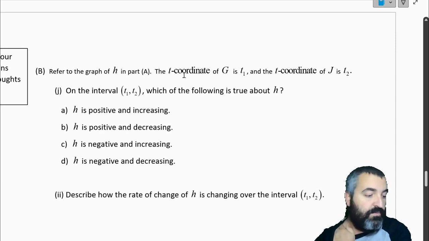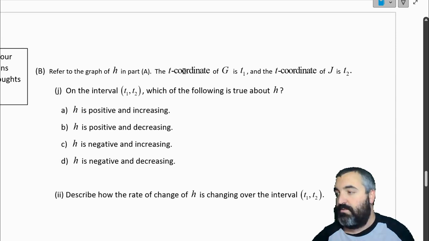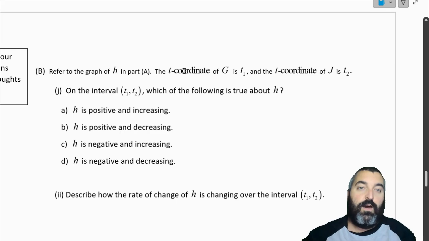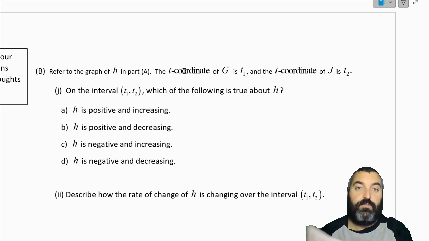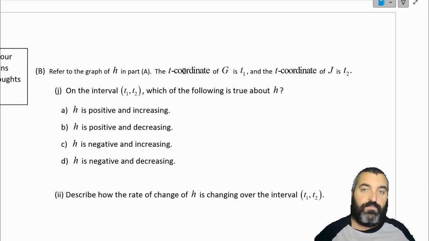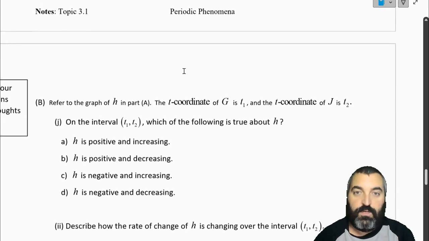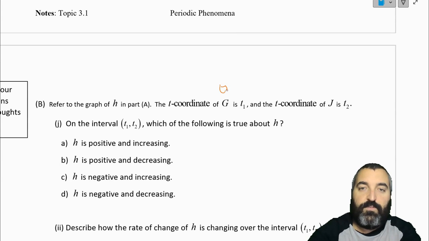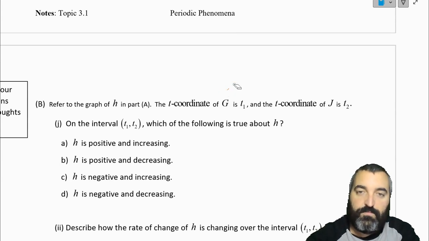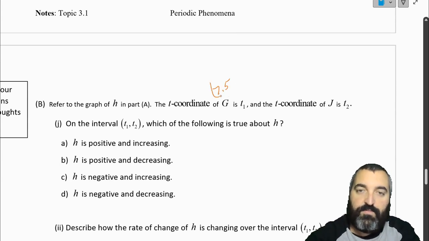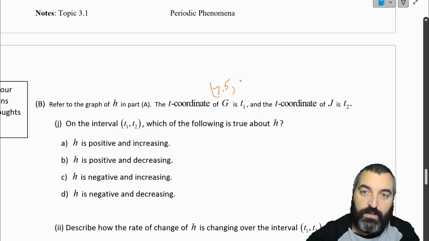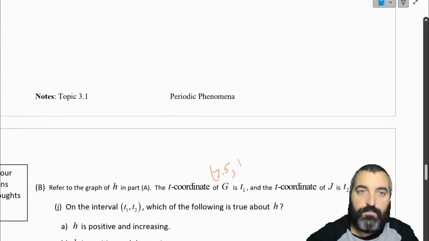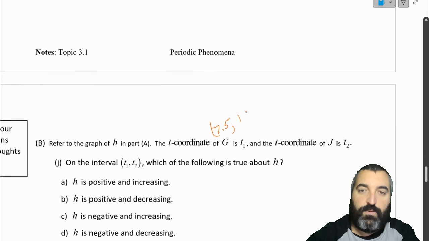So yeah. All right, then there's always going to be a second question. And this is going to use your answers for what you did in part A. So it wants the t coordinate of G, which we're just going to rewrite so I don't have to scroll up too often. So it's 7.5 comma 120.